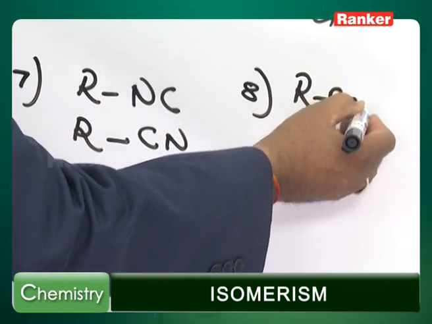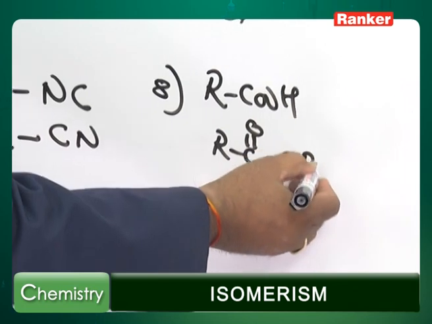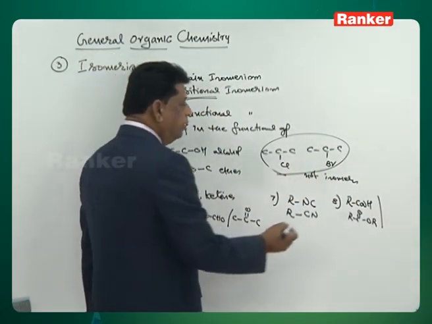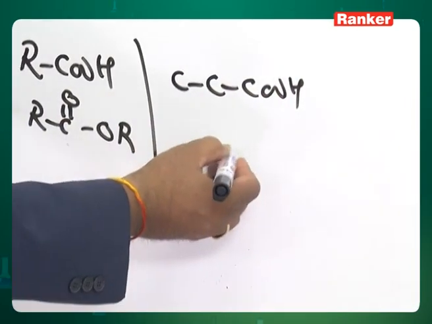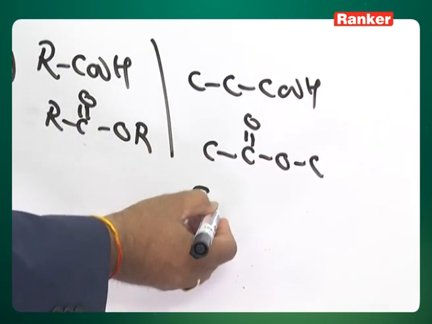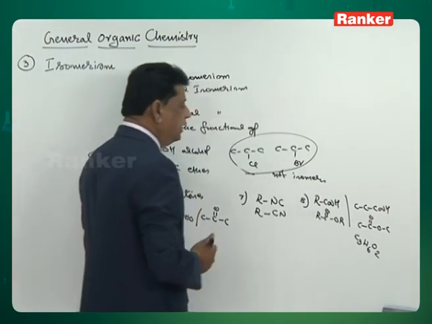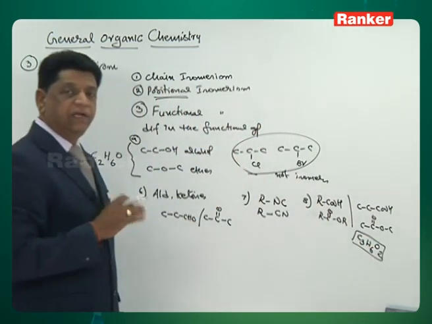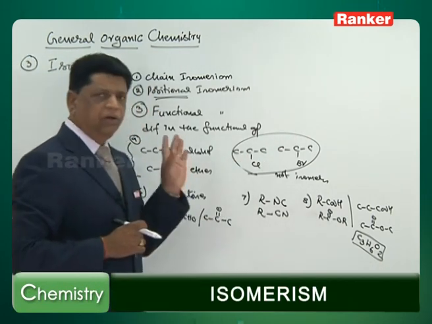Carboxylic acids and esters, COOR, provided both have the same molecular formula, like for example propanoic acid and methyl acetate, both have C3H6O2. This is the formula for both compounds. Being the same molecular formula, every time you have to examine. If the molecular formula is different, they are not at all isomers.